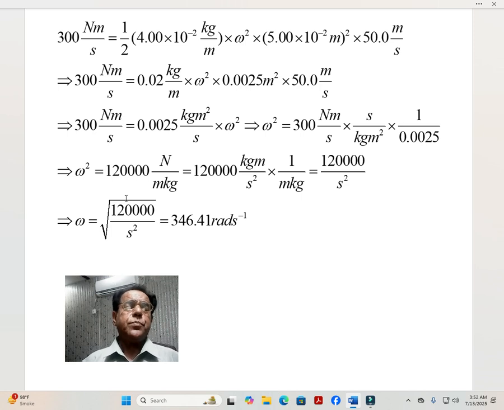Here we have used radian from ourselves, otherwise its answer was 346.41 second inverse or hertz, but we have mentioned it as radian per second because this is not simple frequency, this is angular frequency, and the unit of plane angle is radian, so we have added radian from ourselves.